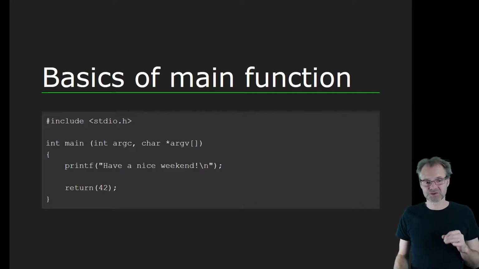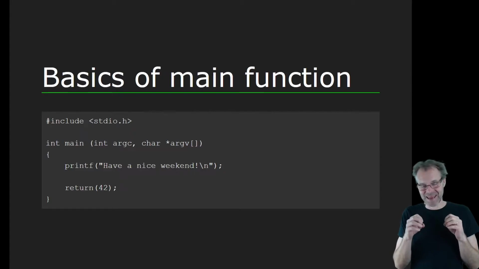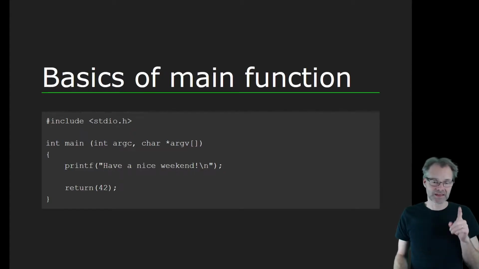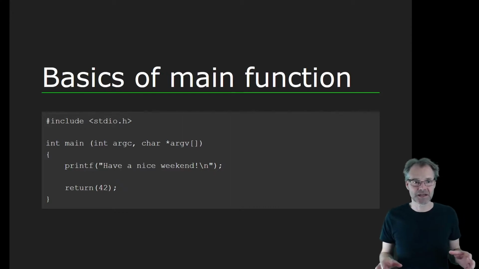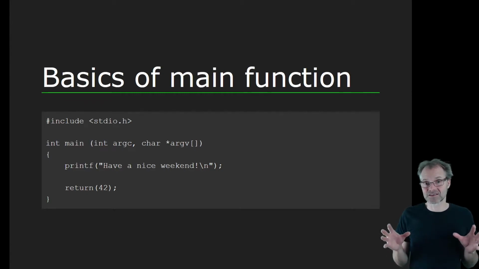And about this return value here, that is basically an exit code of the executable. So this is the final return value when this program executes, and it will be then the exit value of the process, so to say. So it's a common understanding that the exit value of 0 says successful.